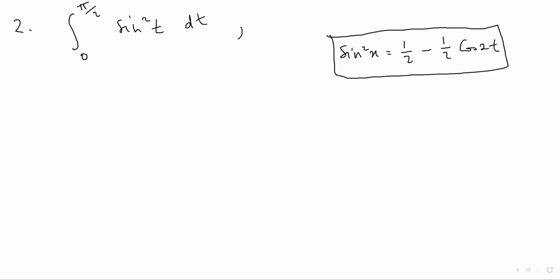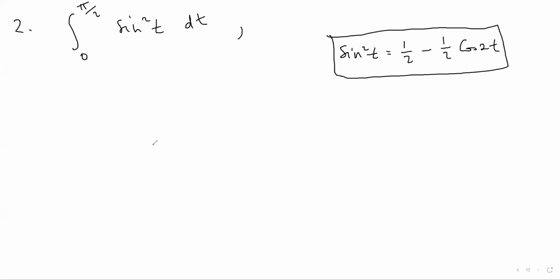So you go to the formula sheet and you find this identity: sine squared t is equal to half minus half cos 2t. That's the one you use for this particular integral.